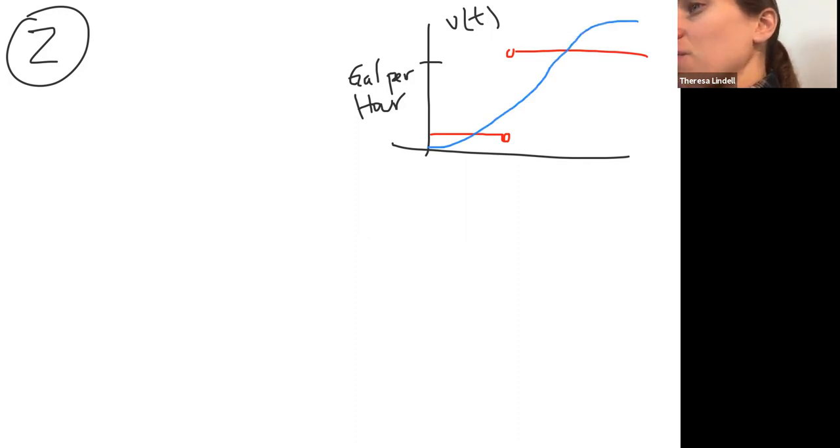That's a really good question, I'm glad you posed it. I think what it's trying to get you to do is note that for this little bit, it's leaving quicker than it's entering, just because the red's above the blue.